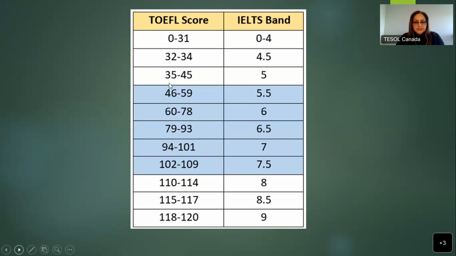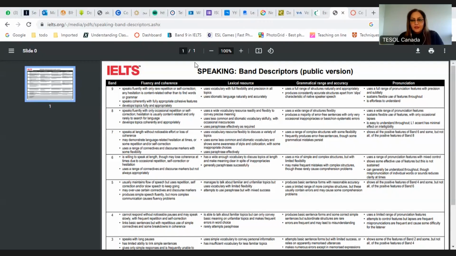So guys, give me a minute. Okay, once more, let me explain this part again. This is the band description for the public version. The IELTS examiner has another version, which is more detailed.